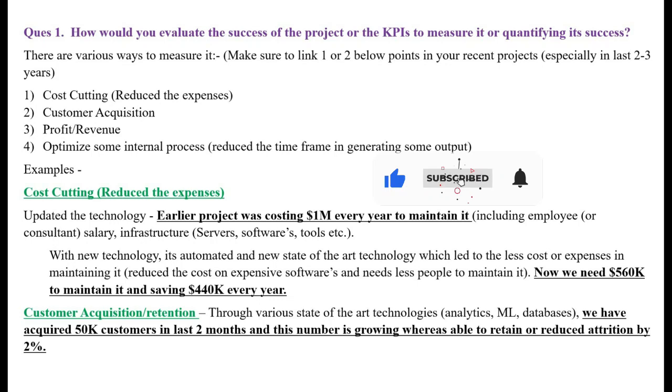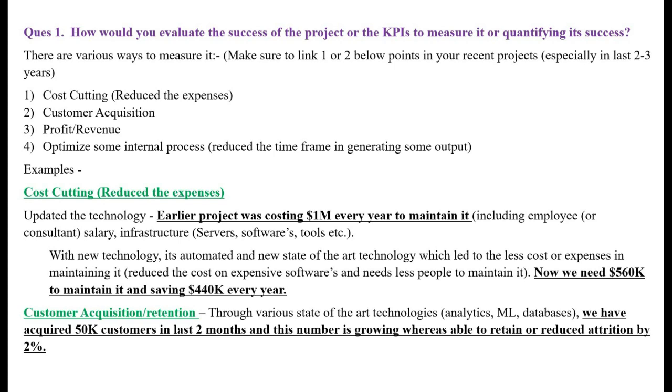Now, for example, let's say cost cutting or reducing expenses. You can mention that you have updated to a new technology, and what you have done. And you can say that the business value is that our earlier or old technology was costing like $1 million every year to maintain, which was a bottleneck.